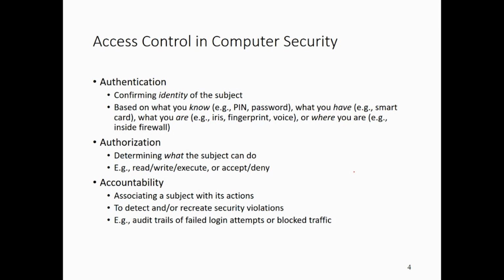It can also be used, as I guess Rowan mentioned, for crime detection and so on, when we go back through the history and log files to see who accessed our network, when, and what they have done. So this is the 3 A's of access control: authentication, authorization, accountability.